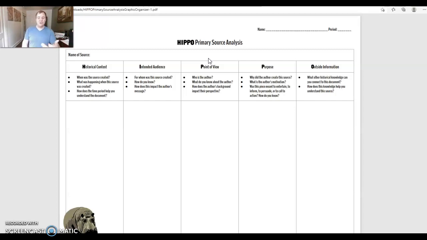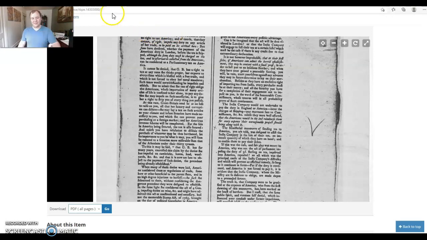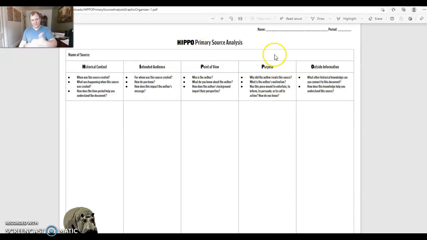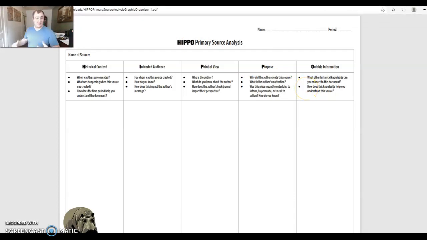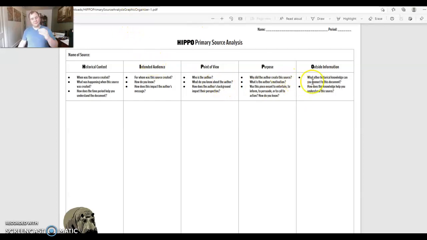You can actually go to the Tea Act, read it, and see whether or not Mucius's criticisms stack up. You can look at it and tell whether or not he is giving an accurate representation of what the Tea Act is and what it does or doesn't do, all right? So the Tea Act is probably going to be the huge one as far as outside information goes.